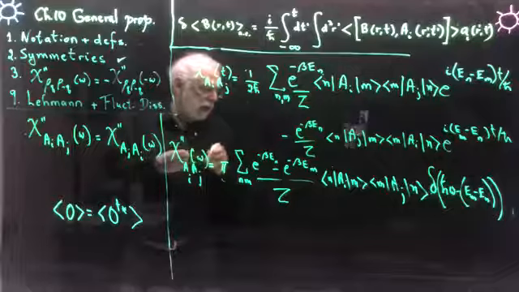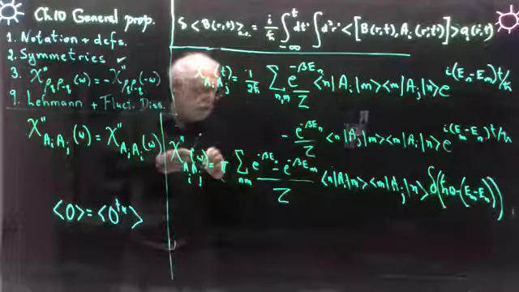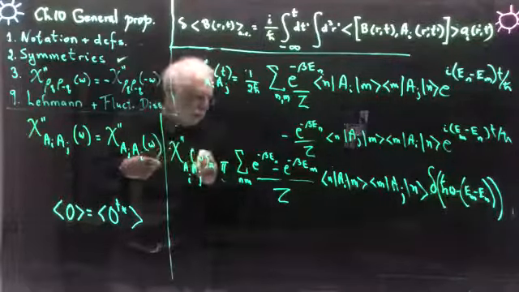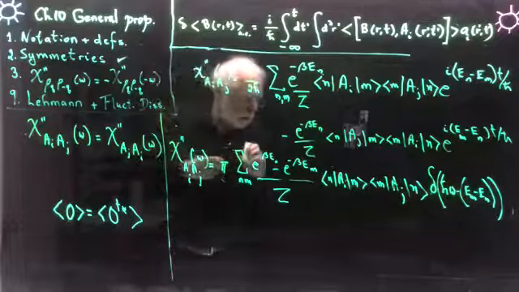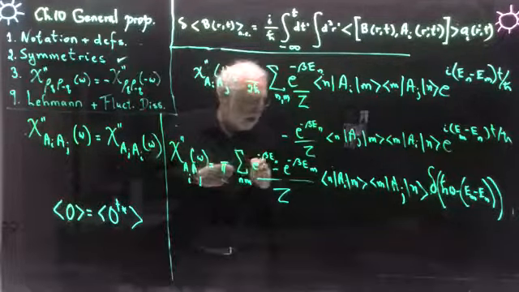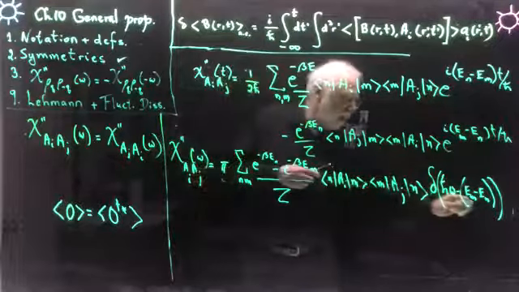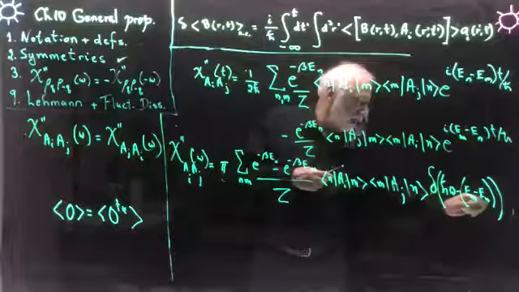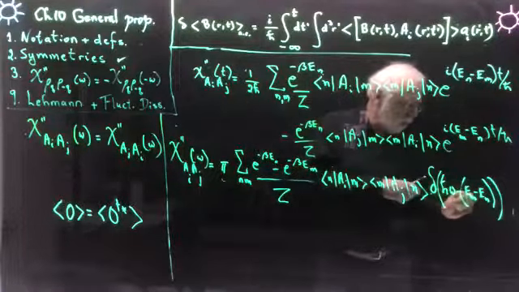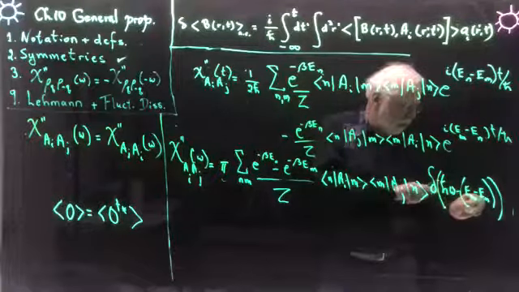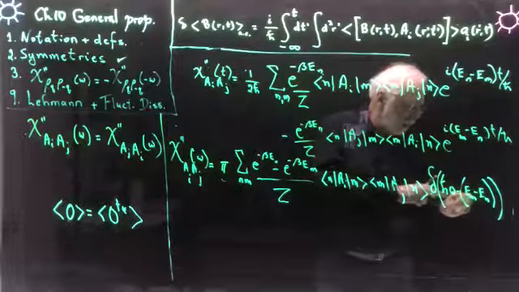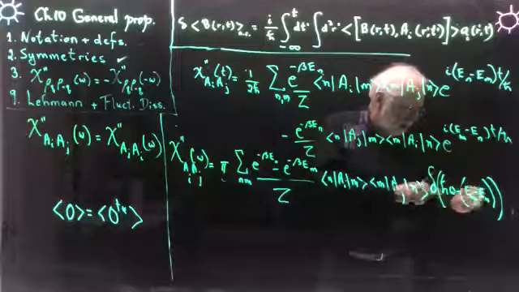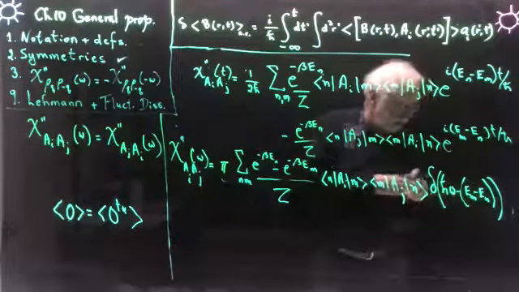The other remark is the fluctuation dissipation theorem. So you see that I can rewrite h bar omega equals E_m minus E_n. So E_m is equal to E_n plus h bar omega.